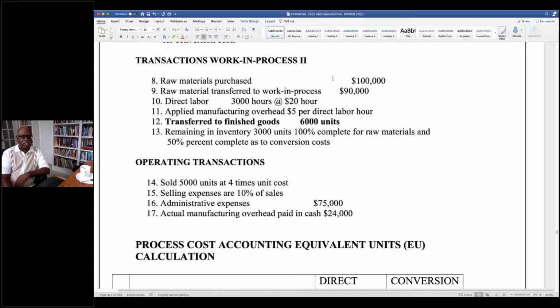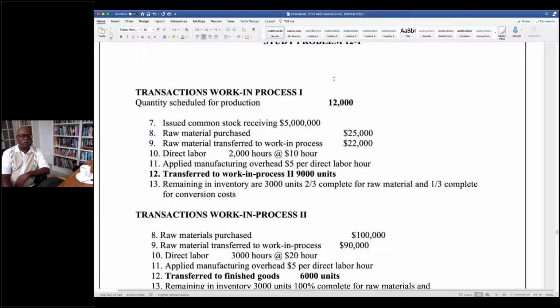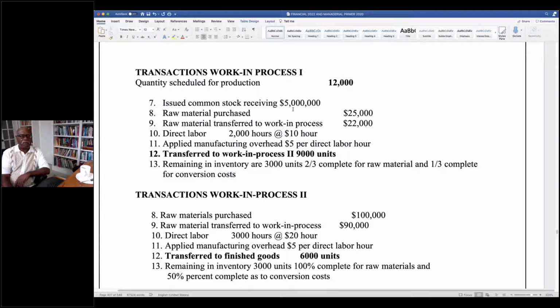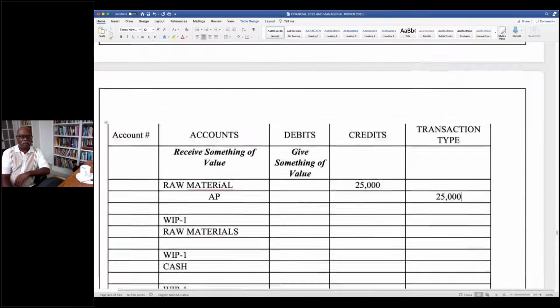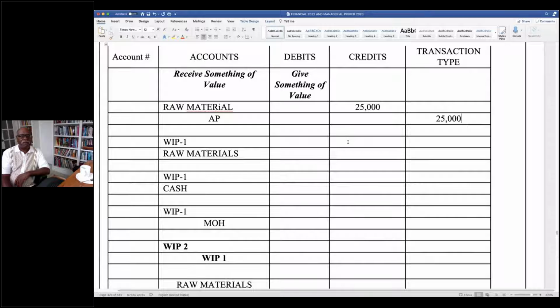What's our next transaction? Raw material transferred to work in process. So work in process 1 will be 22,000. That's going to be debited. And then raw materials will be credited for 22,000.